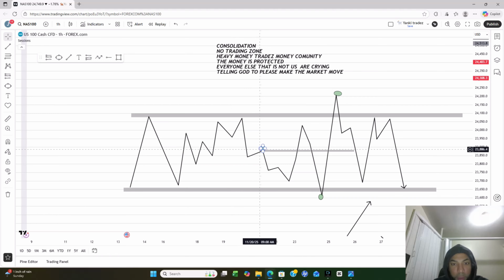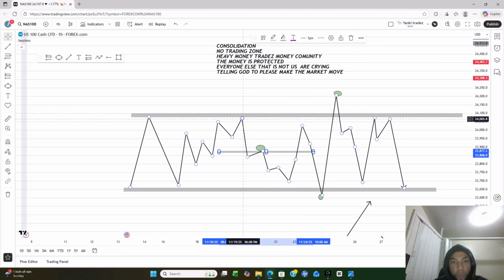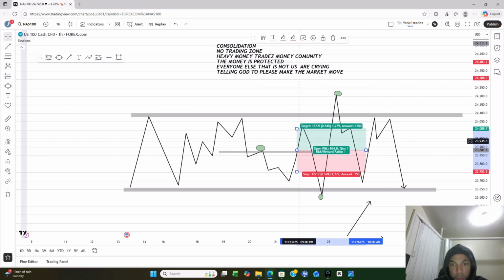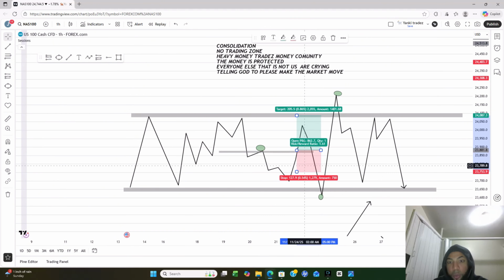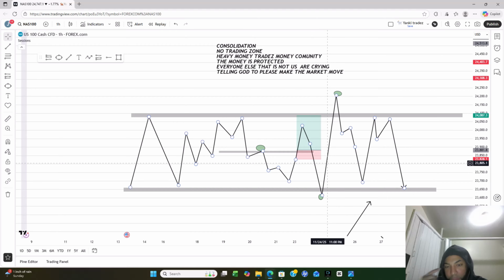They mark it randomly, and they think that the price is going to this swing high. They enter at the entry level here, and they think the market is going to this price, and guess what? Guess who's getting stopped out? Those people that don't know how to trade, that don't know how to identify where the market is going.